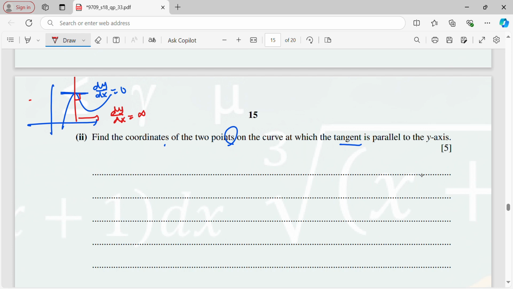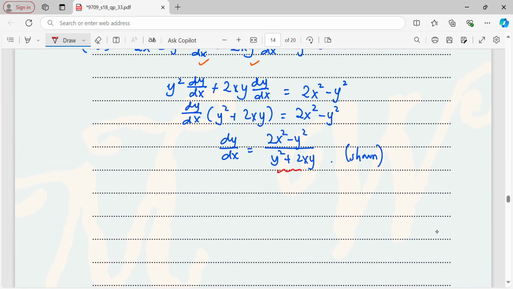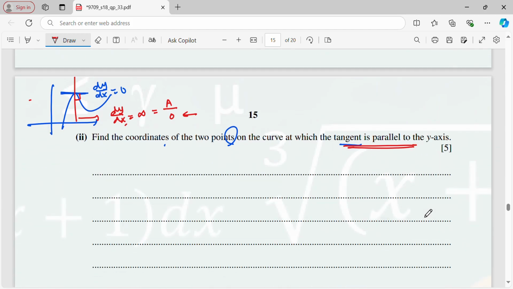So infinity happens when any value is divided by 0, which means to get this tangent parallel to the y-axis, the denominator of the dy dx must be 0. So now I will let this be 0. Okay, so my y squared plus 2xy will be 0.